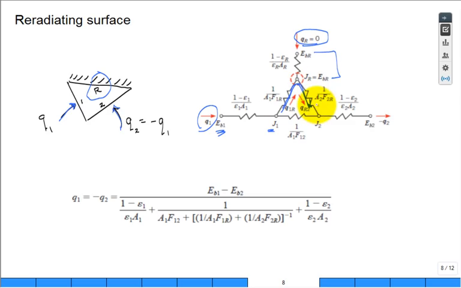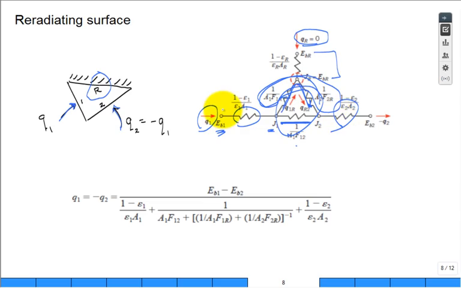So now I have these two resistors in series. I can add them and get an equivalent, then combine it with this resistor. Those two are now in parallel. And then I have 1, 2, 3 in series again. So it's a great example of series, parallel, series reduction to one equivalent resistance.